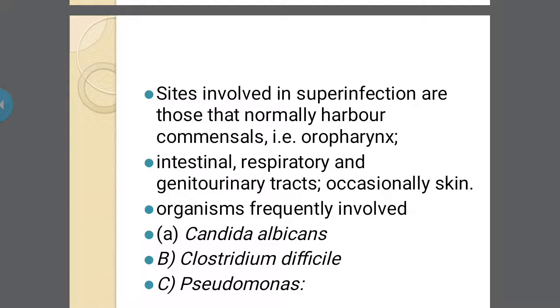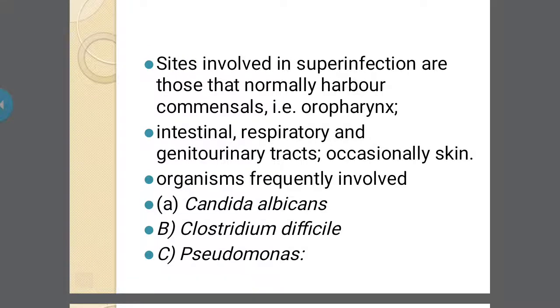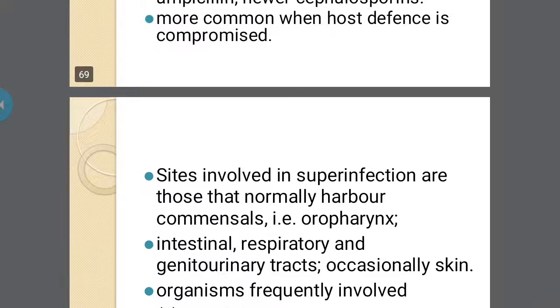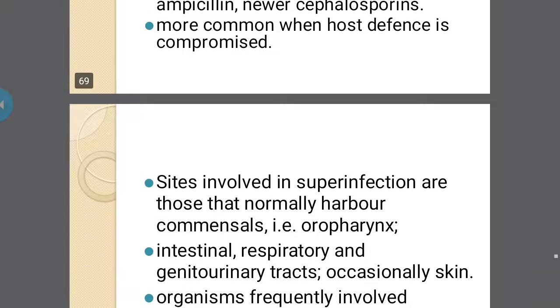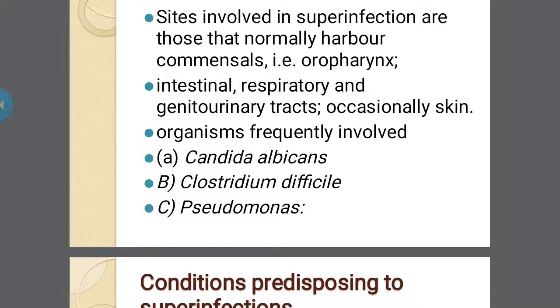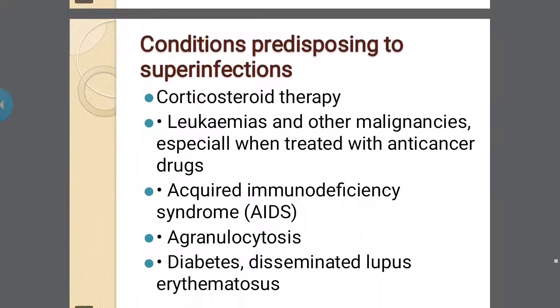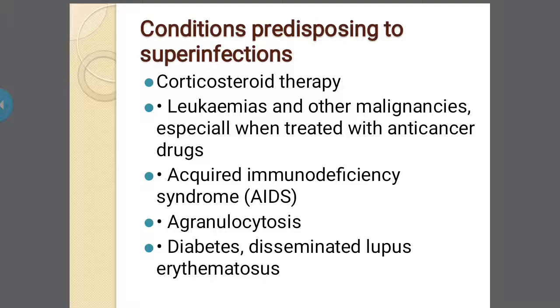And Pseudomonas can cause pneumonia. So these are the common organisms which are responsible for the development of the superinfection, and drugs commonly responsible are tetracycline, chloramphenicol, cephalosporin, and also other extended spectrum drugs. So conditions predisposing to superinfection. So what can predispose a person to develop superinfection?